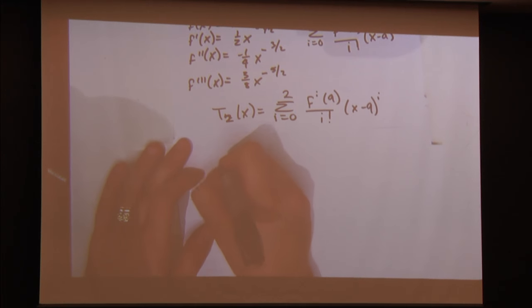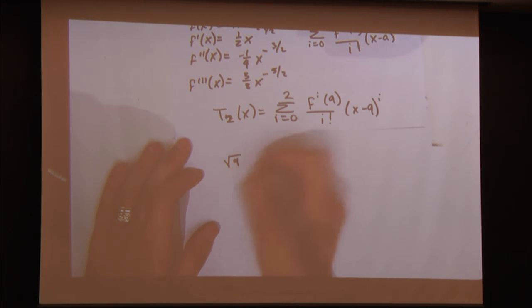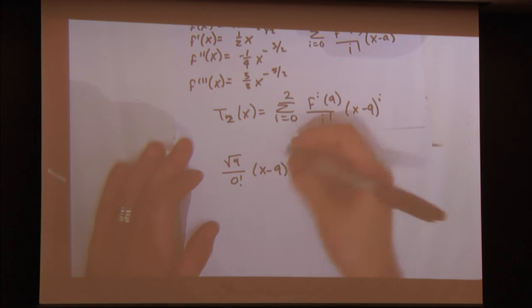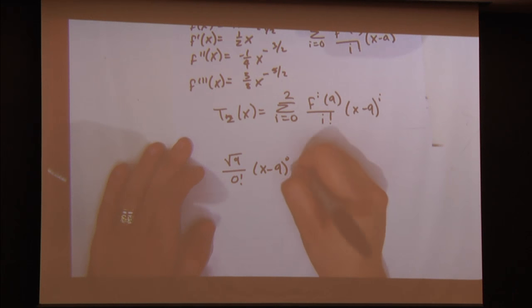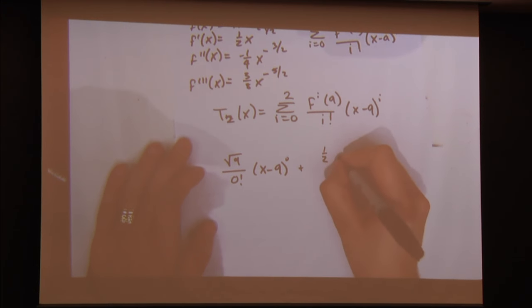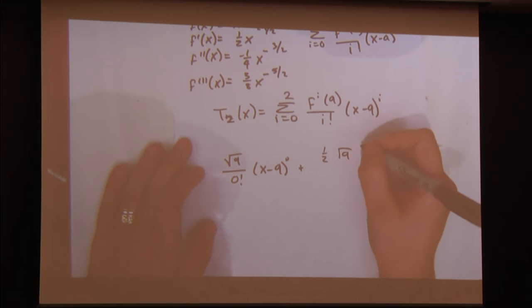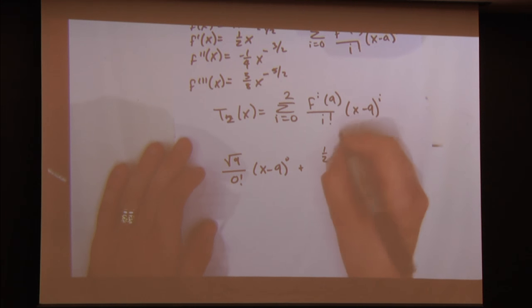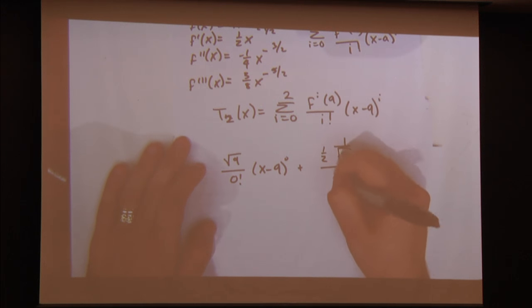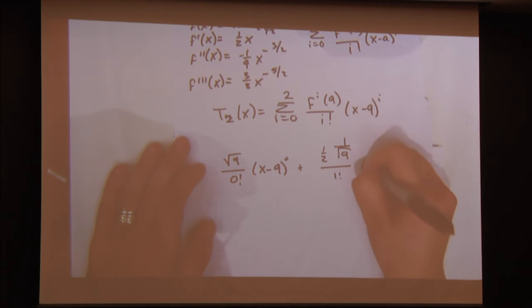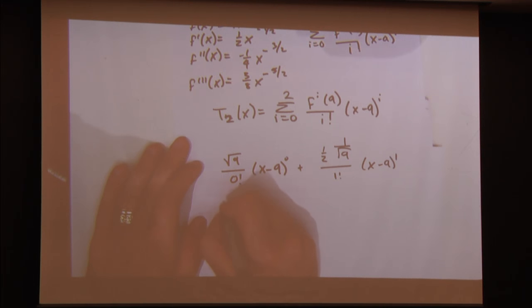So I'm going to have the 9 over 0 factorial, x minus 9 to the 0, plus 1/2 9 in the bottom, and then it's going to be over 1 factorial times x minus 9 to the first, and then it's going to be 1/4.